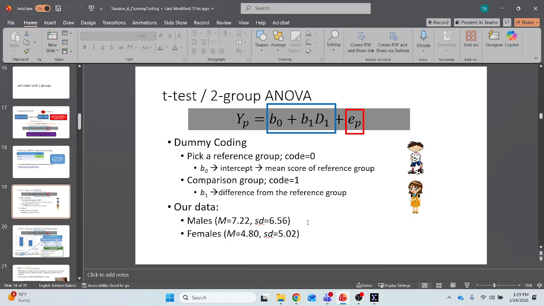It is the expected score, outcome mean, when all the predictors are at 0. No, that's not an empty model. Empty models and whatever models that you have will always have an intercept. But the intercept is always the expected score when all the predictors are 0. Okay?